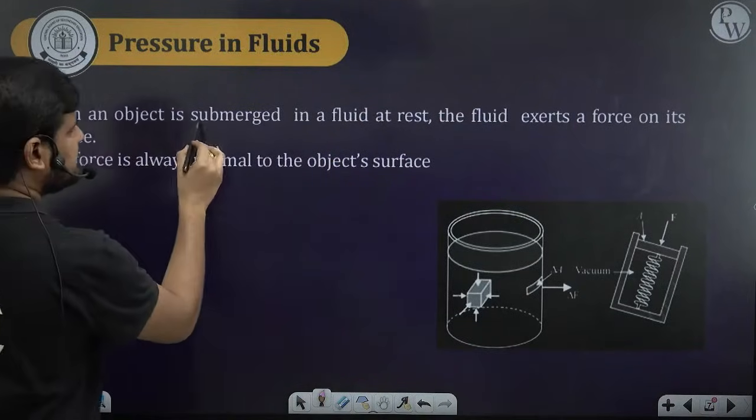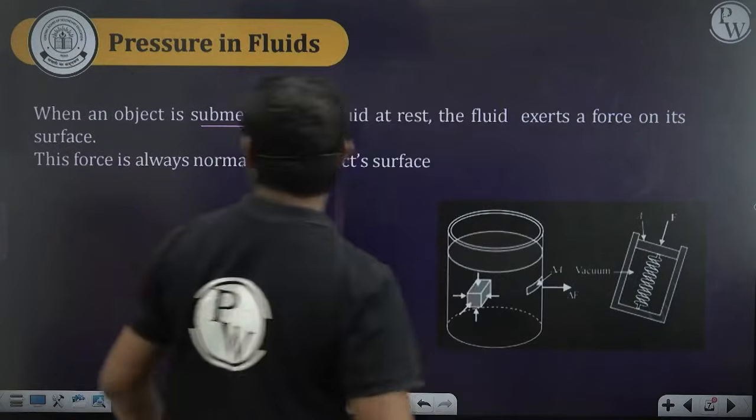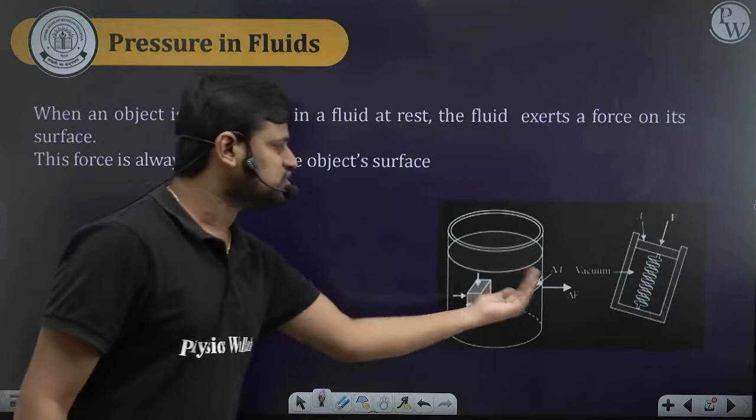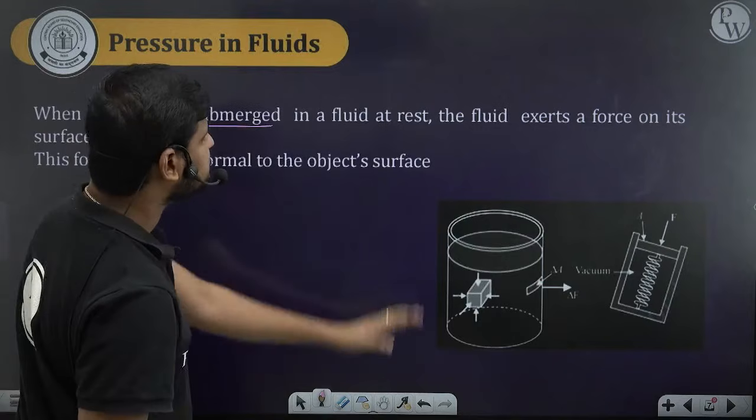When an object is submerged in a fluid at rest, the fluid exerts a force on its surface. This force is always normal to the object's surface.